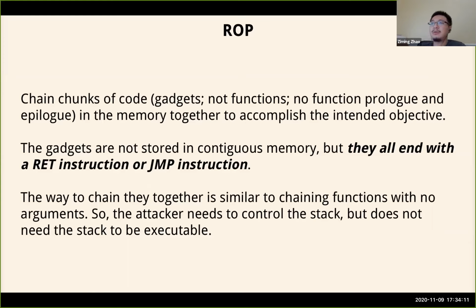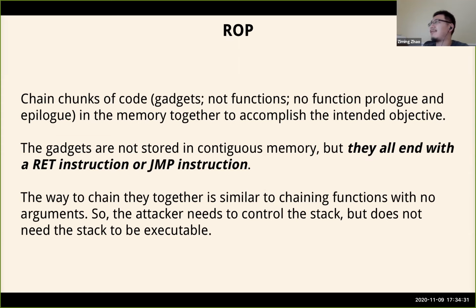In ROP, we chain gadgets together, usually not functions. Since these are gadgets, they are usually very small, just several bytes. You're going to see that in a moment. Functions can be big, sometimes 50 bytes, 100 bytes, could be 100 instructions or even more.